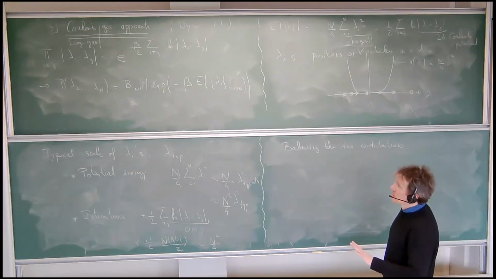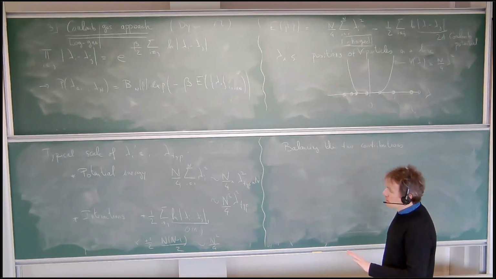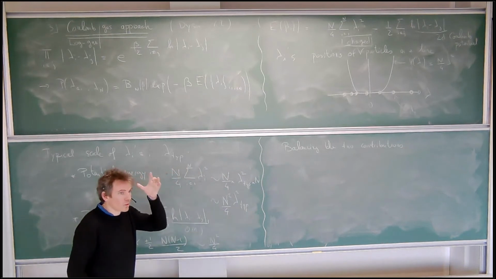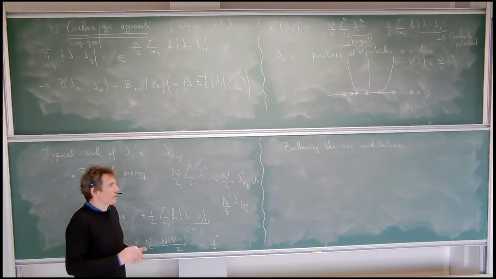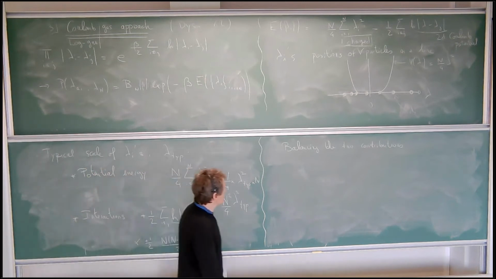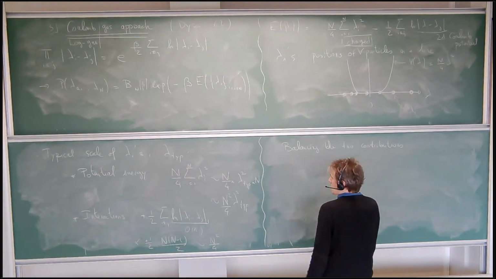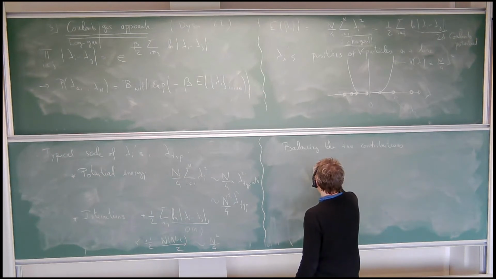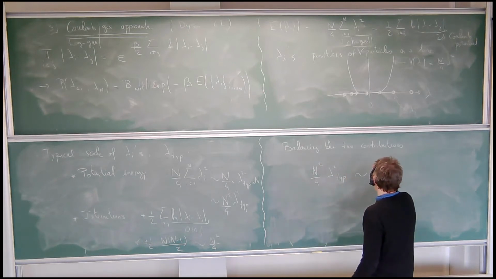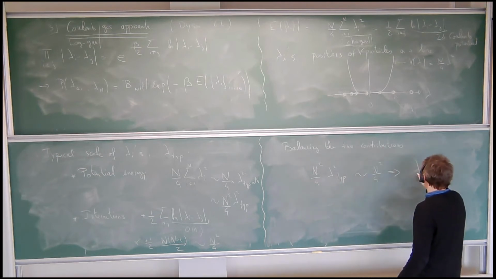But I'm just looking at what happens if I look at the energy of the system. So it's a little bit like the kind of arguments that I was doing last time for the zero temperature fixed point, if you want. So if I balance the two contributions, what I will get is that n squared by 4 lambda typic squared should be of the same order as n squared by 4, and that gives me that lambda typic is of order 1.